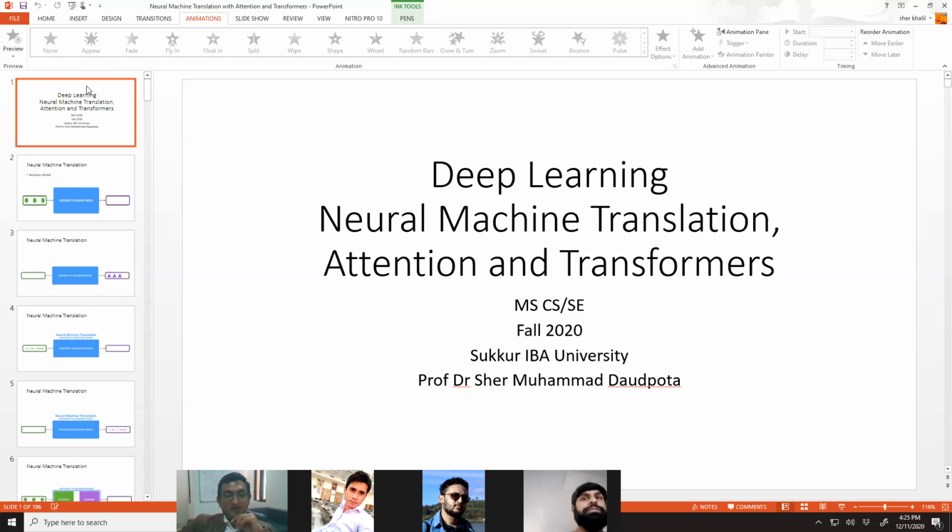But before understanding attention and transformer, we also need to understand neural machine translation, because neural machine translation is an area where transformer and attention have had a bigger impact. Neural machine translation is a kind of sequence to sequence problem, translating one sequence into another: maybe a sentence of English into Urdu, or a sentence of German into English, and vice versa.